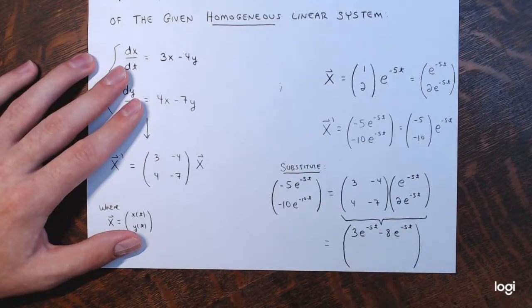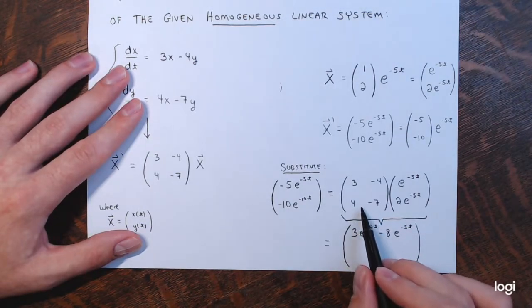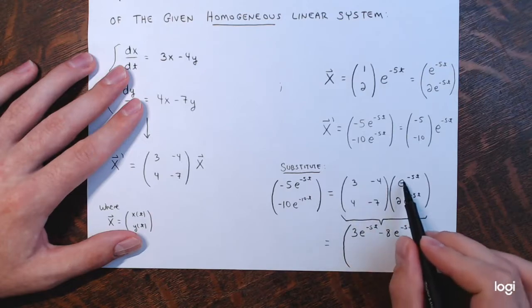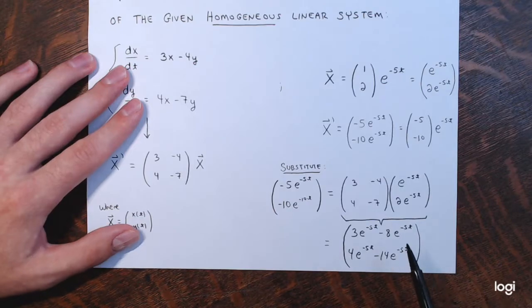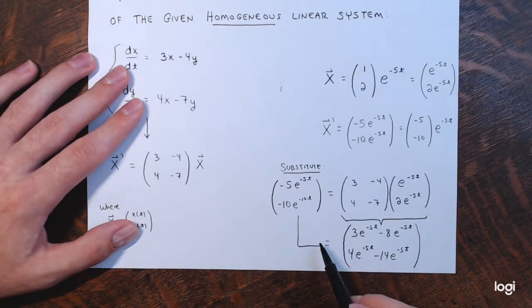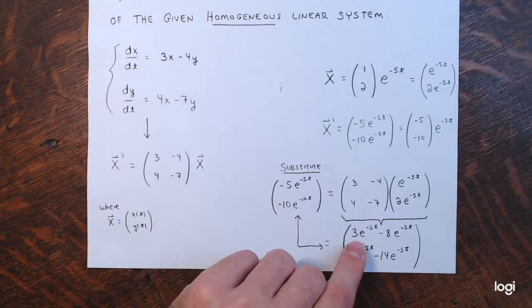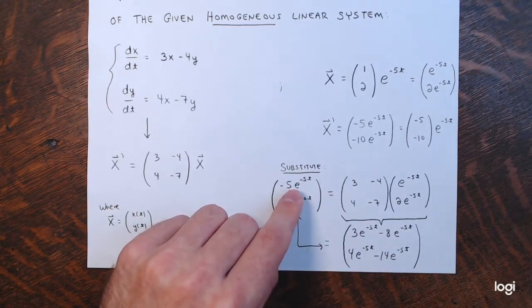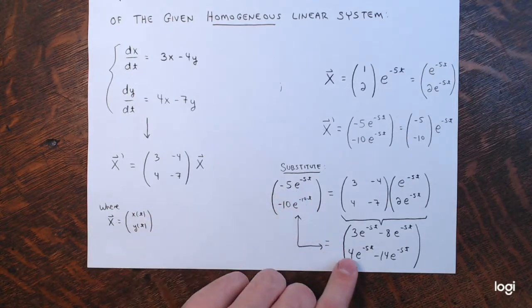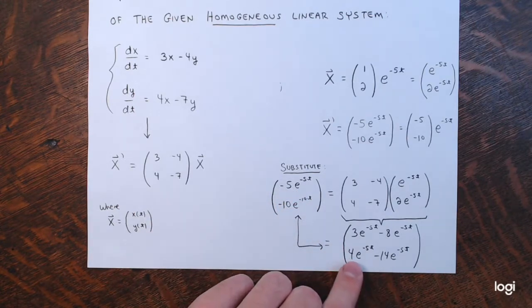Then for the second row, take the second row on the left, dot product with the column on the right, that'd be 4 e to the -5t minus 14 e to the -5t, since 7 times 2 is 14, and oh look, those are indeed the same. Because 3 minus 8 is -5 e to the -5t, fantastic, same as the first row on the left.